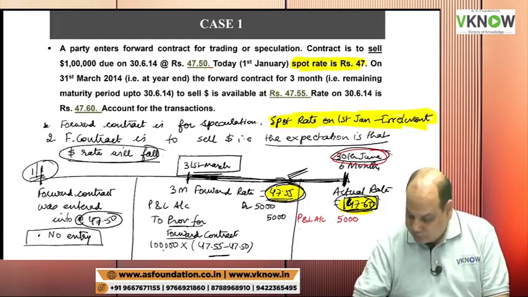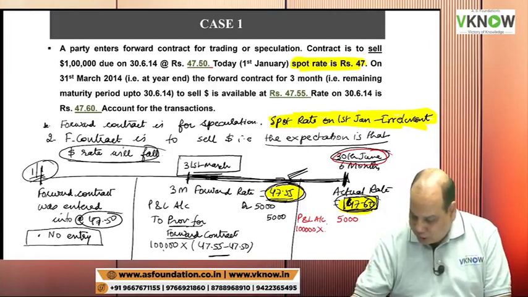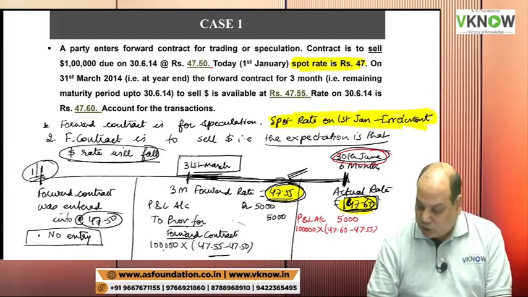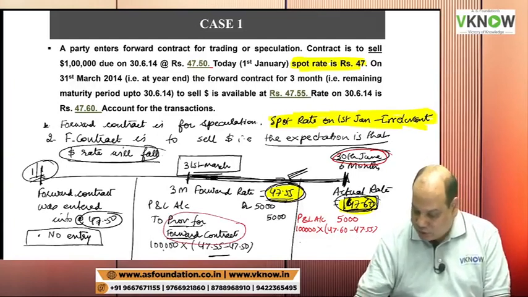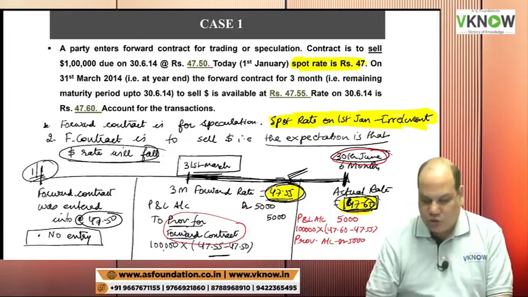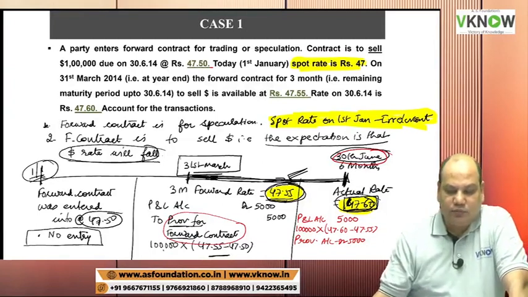Why 5,000? Student will write 1 lakh into 47.60 minus 47.55. Now this provision account I will reverse. Not required. Provision account debit 5,000 because the contract is being settled.